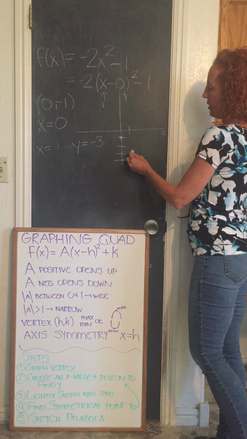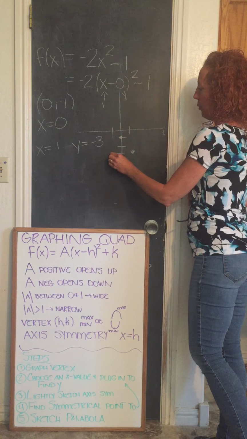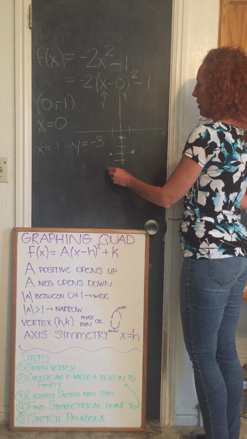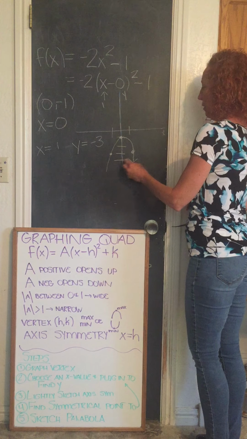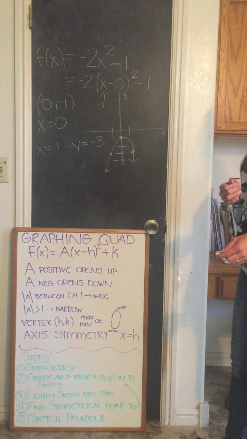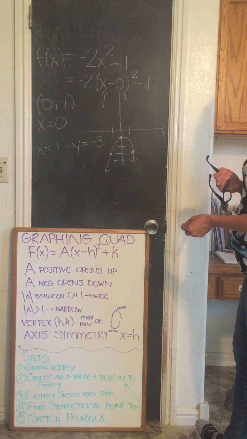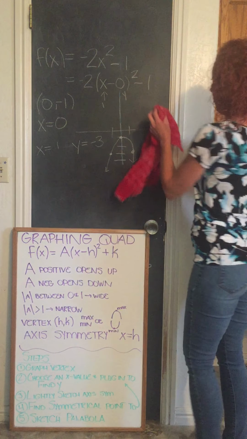This is one space to the right, so I have a matching point one space to the left. This should look a little more narrow to you compared to the ones we did previously. Not my best graph, but I've been doing pretty good so far. All right, let's see if this one doesn't work out. I'm winging it here.